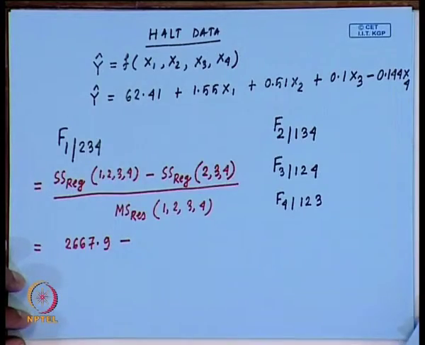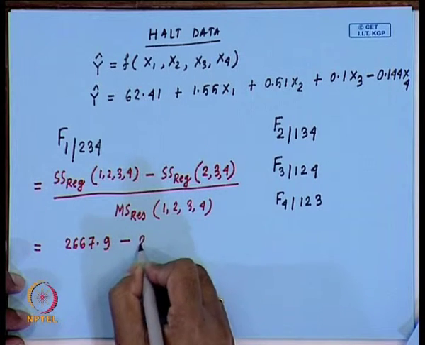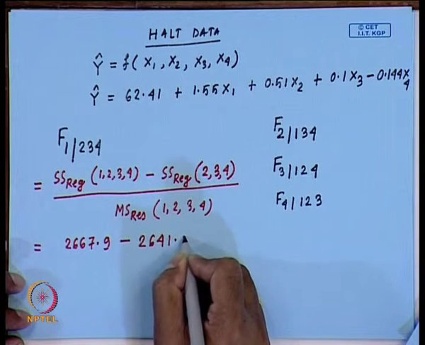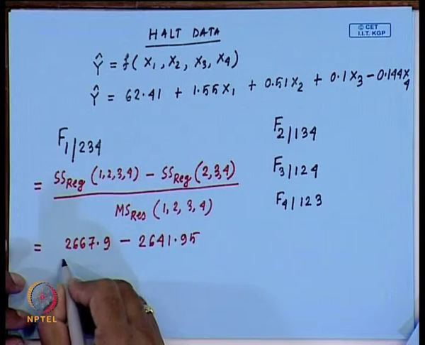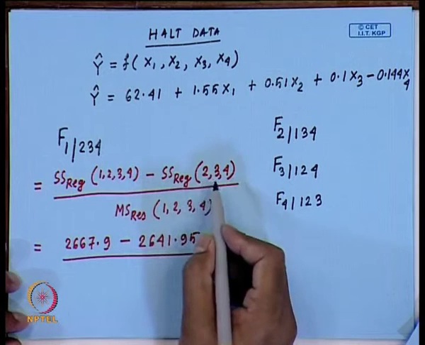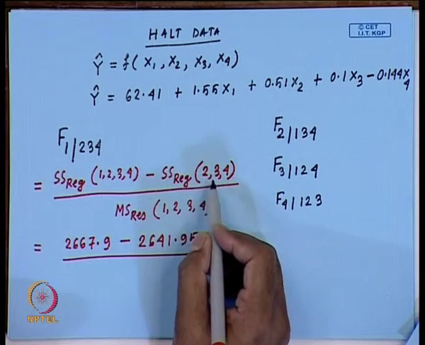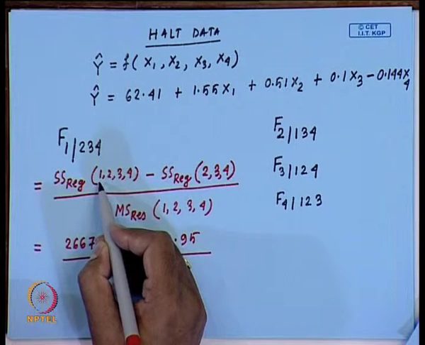Okay. So, I will use this value 2641.95. Now, this difference is the extra sum of squares due to x1. Okay.